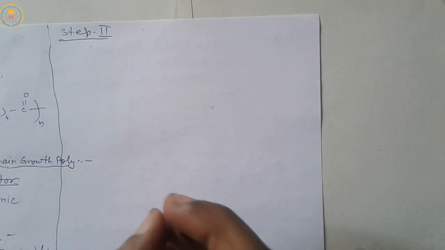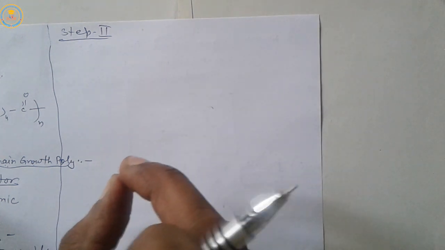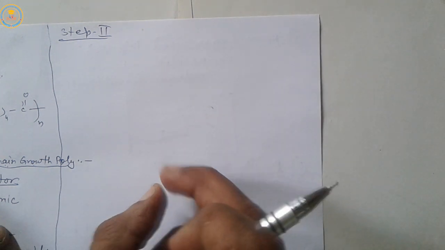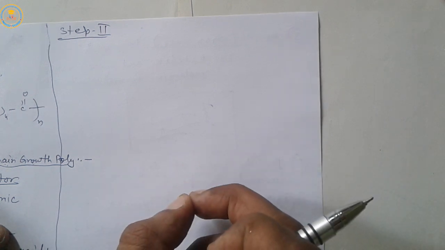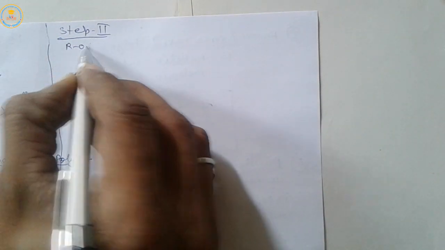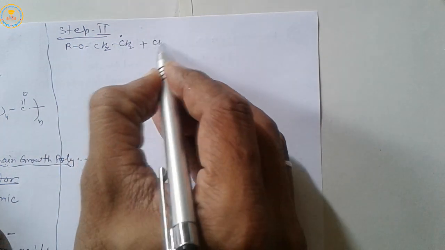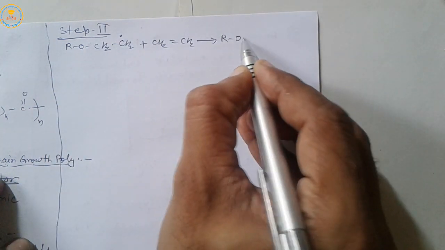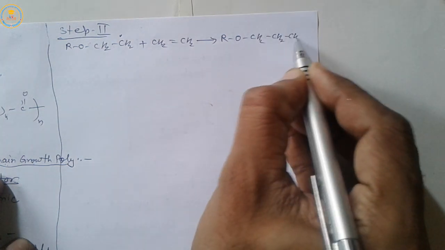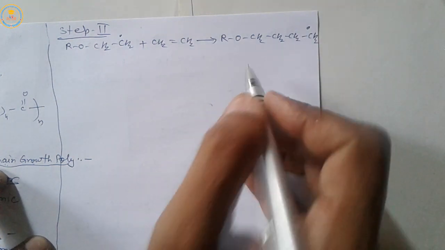Chain propagating step. In this step, the already formed free radical reacts with one more molecule of monomer and forms another, larger free radical like this.